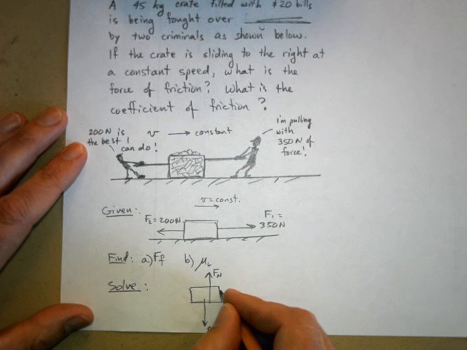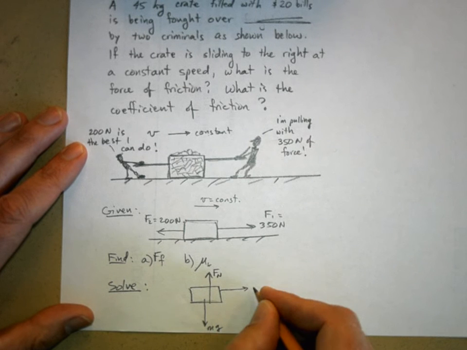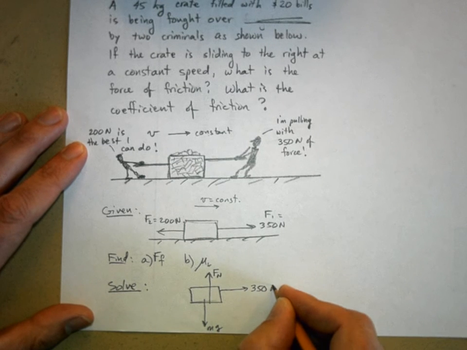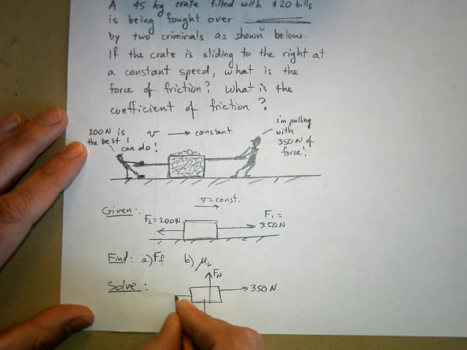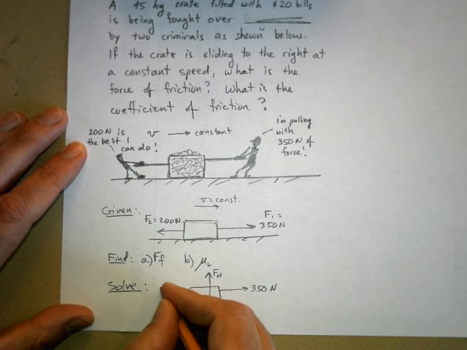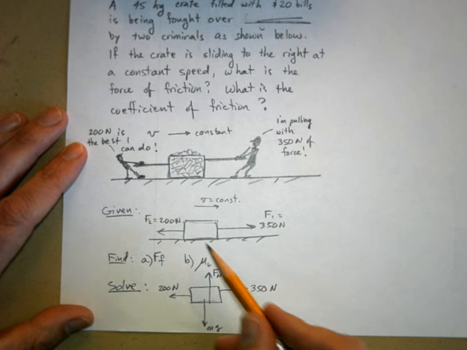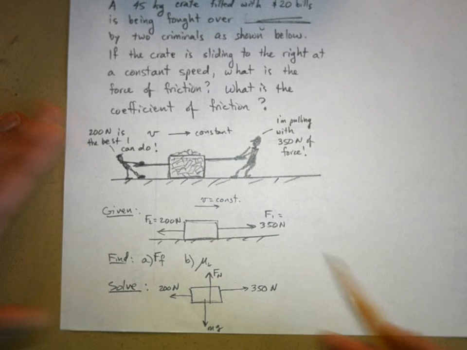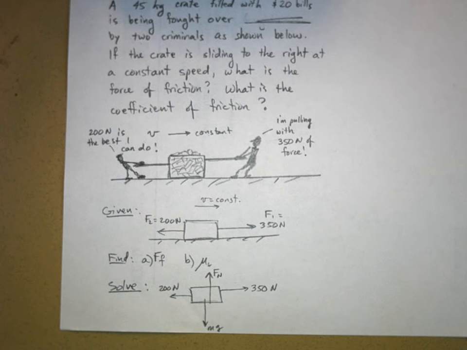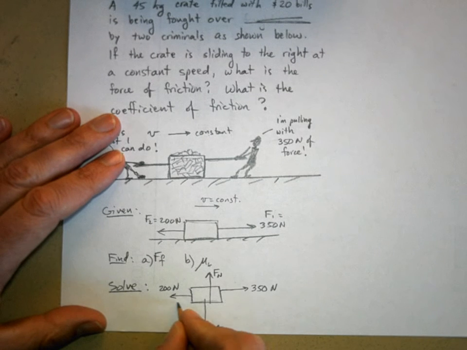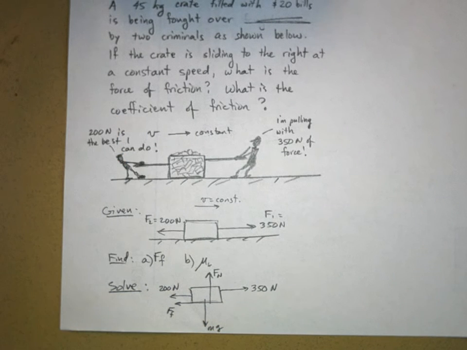Now we've got a 350 Newton force like this, and a 200 Newton force like that. Now, if this object is sliding to the right, what direction is the friction going to be? Sliding friction will oppose that motion, right? So it'll be to the left. So there's my force of friction like that.